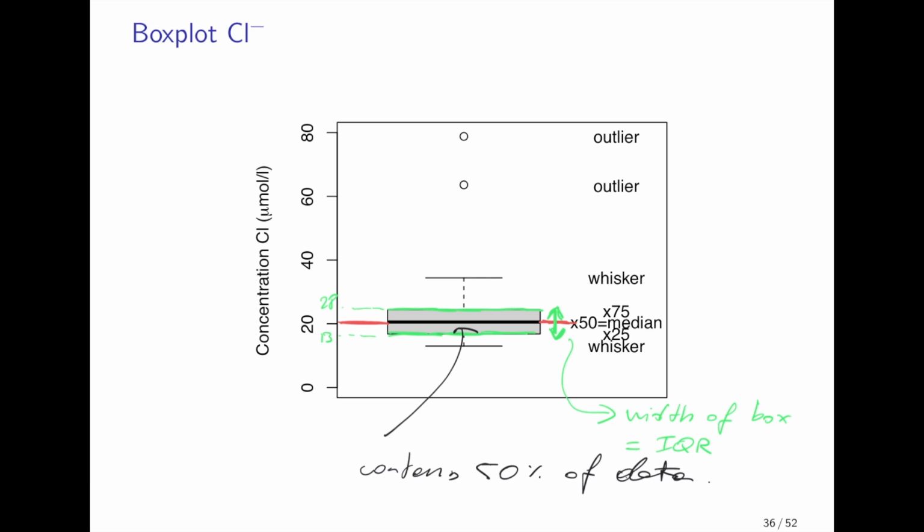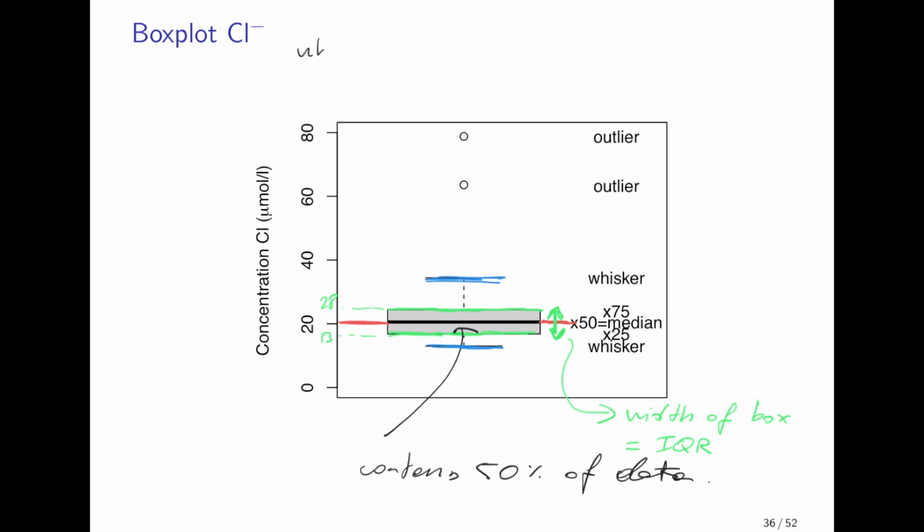Now, that's not all. We also have these so-called whiskers. So the bars that extend, or the little gadgets that extend from the box. What are those? Well, here there's a rather complicated definition, but it's an unambiguous definition.